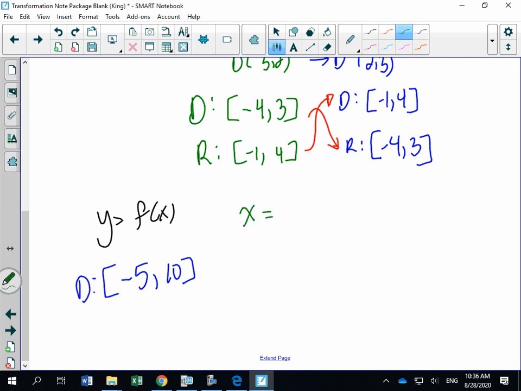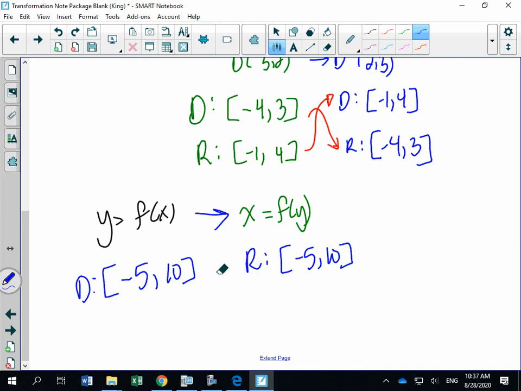I could just say x equals f of y, and then I could say, what's the range? And you just need to be able to look at this and say, okay, this is an inverse, right? Because she interchanged x and y. The domain of the original is going to be the range of the inverse. And you'll be able to do that.